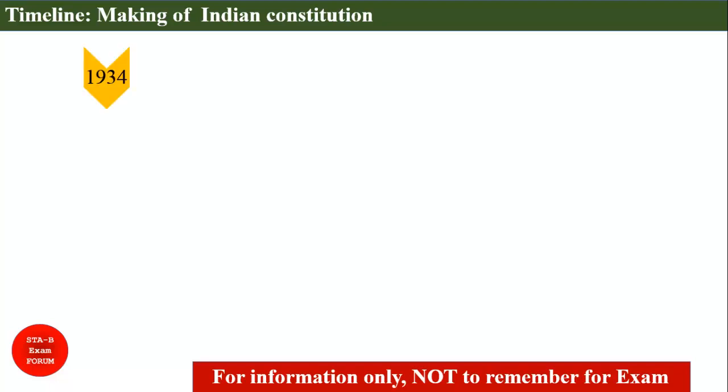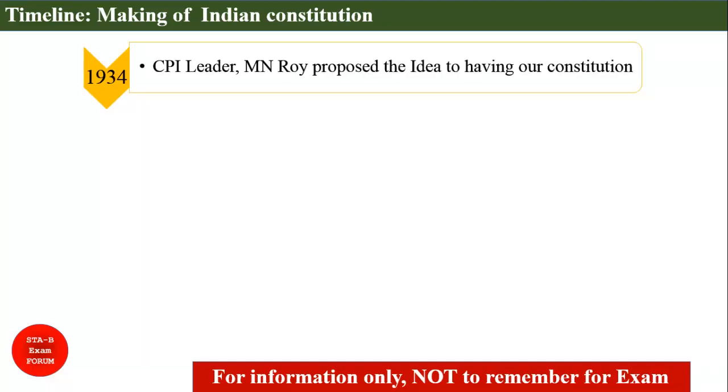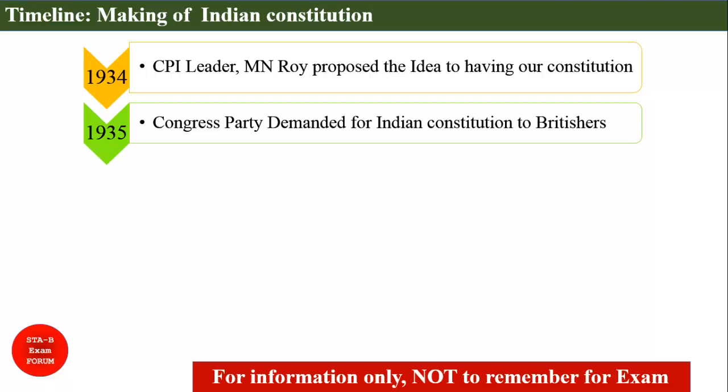So the story begins in 1934, when a communist leader, M.N. Roy, proposed that India should have its own constitution. On the same note, in 1935 Congress also demanded from the Britishers that we should have our Indian constitution.